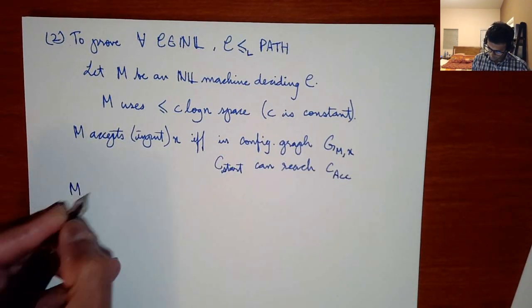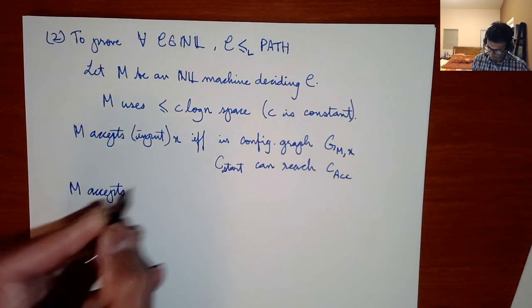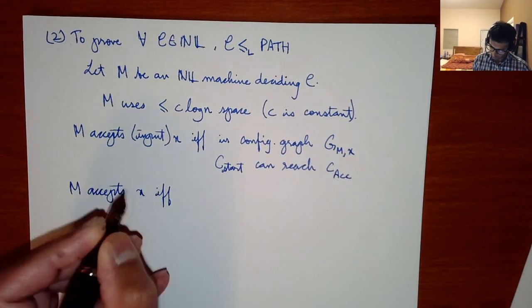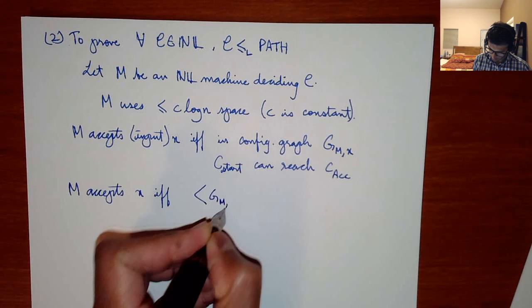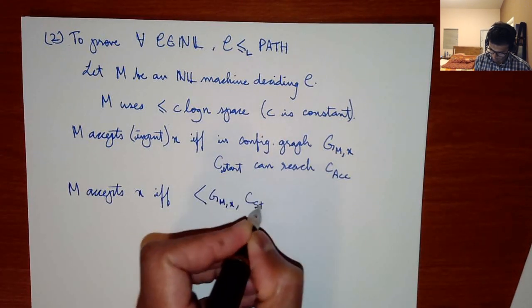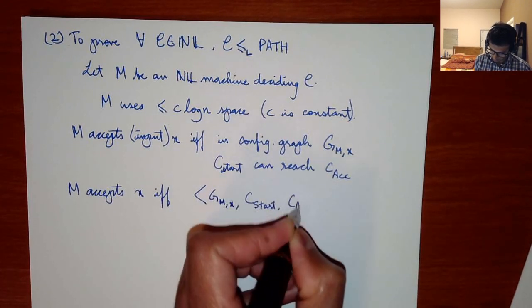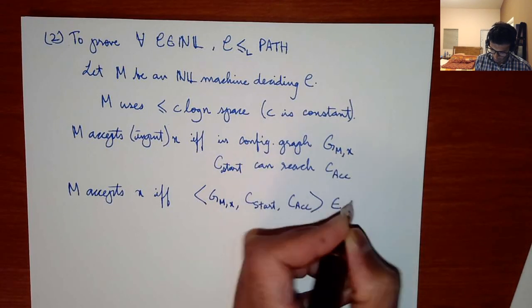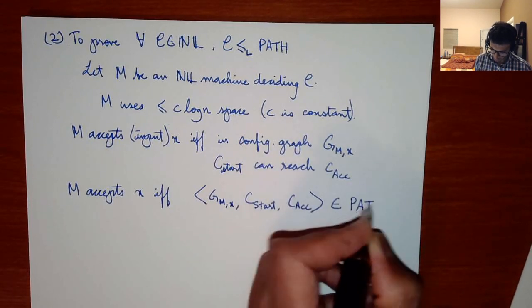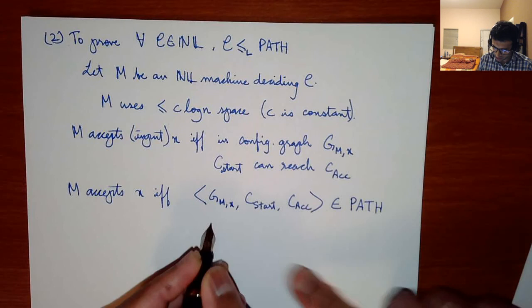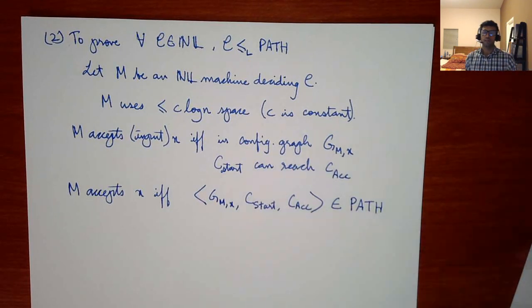So M accepts x if and only if (G_{M,x}, C start, C accept) is in path. So this is giving us the reduction. We just need to argue that (G_{M,x}, C start, C accept) can be computed in log space.